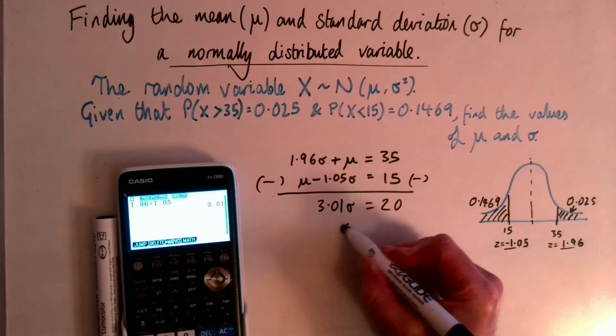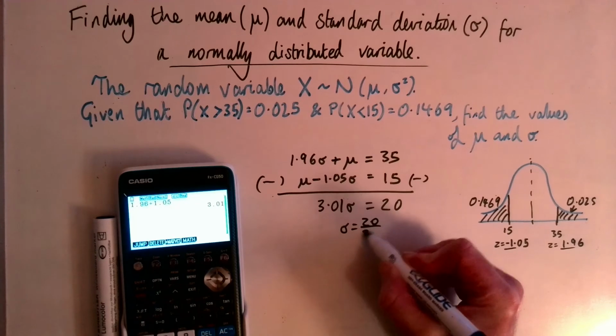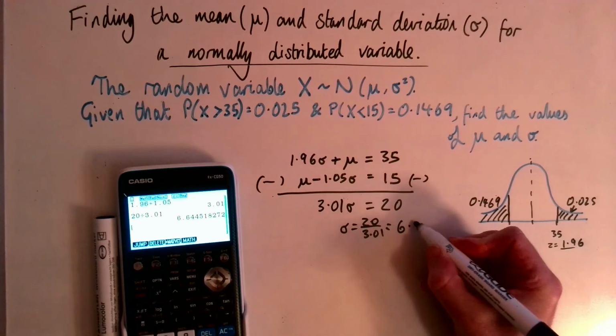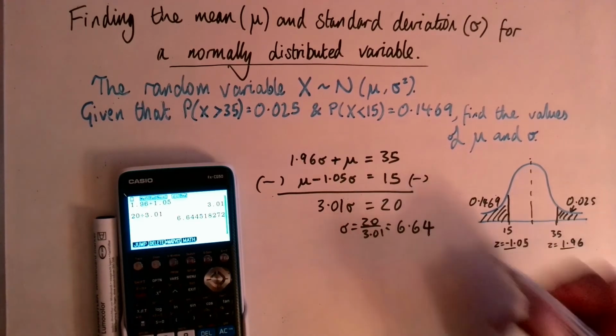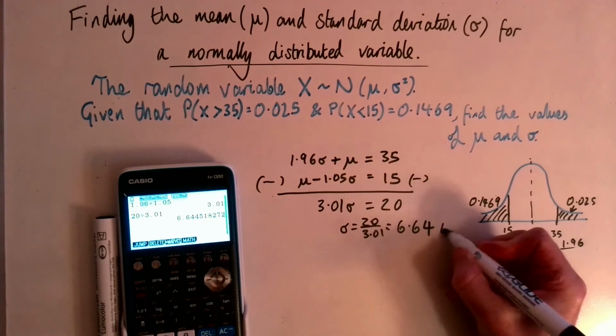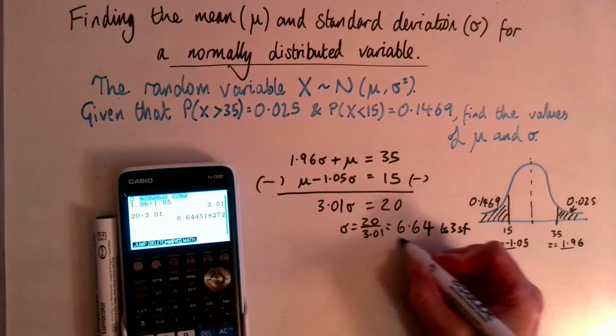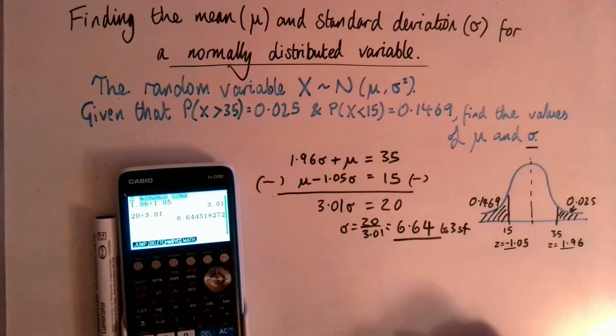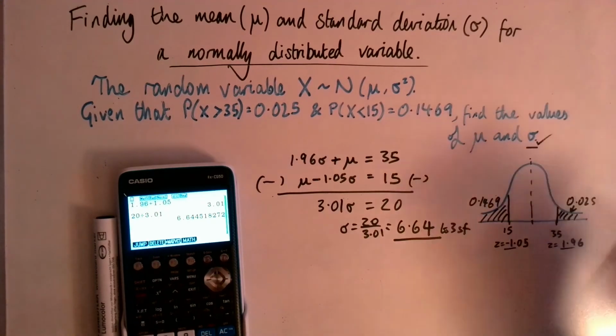So my standard deviation must be 20 over 3.01, which is 6.64 to 3 significant figures. So that is that part of our problem done.